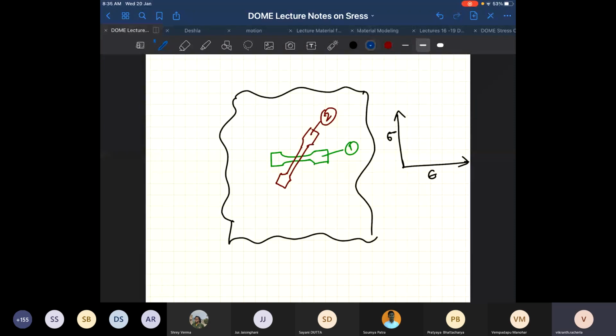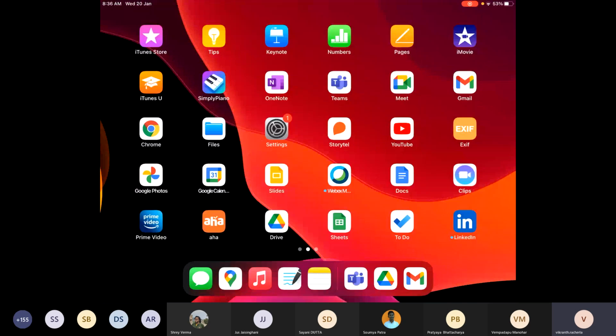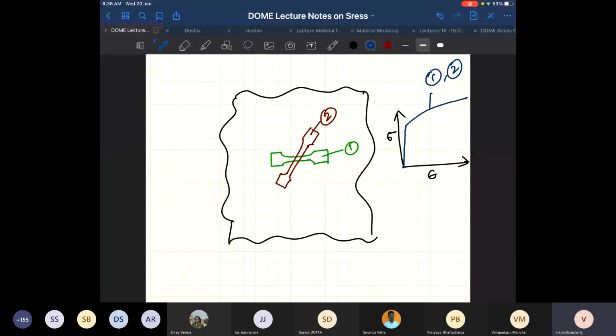and if for both of these specimens I end up with the same behavior, then I say that for any value of theta, so let us say this angle between the two specimens is theta.